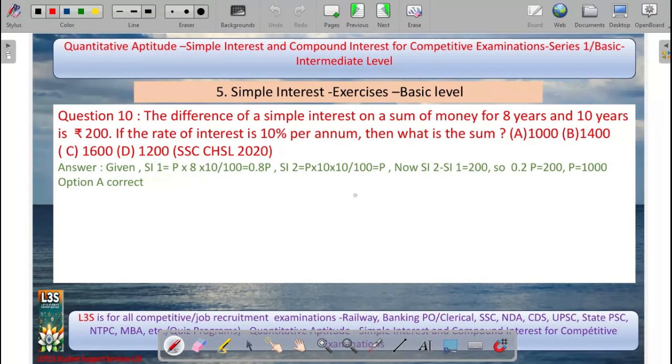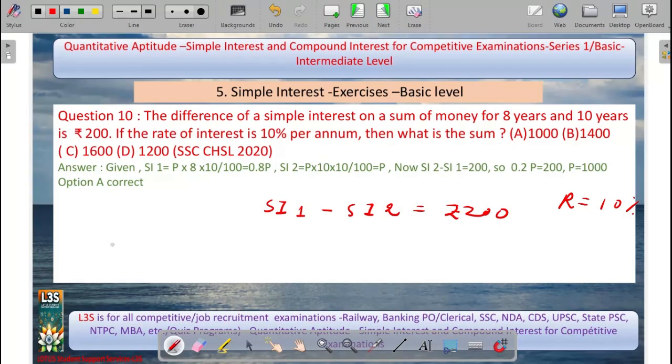So SI1 minus SI2 is equal to rupees 200. Rate of interest is 10% per annum. Then what is the sum?